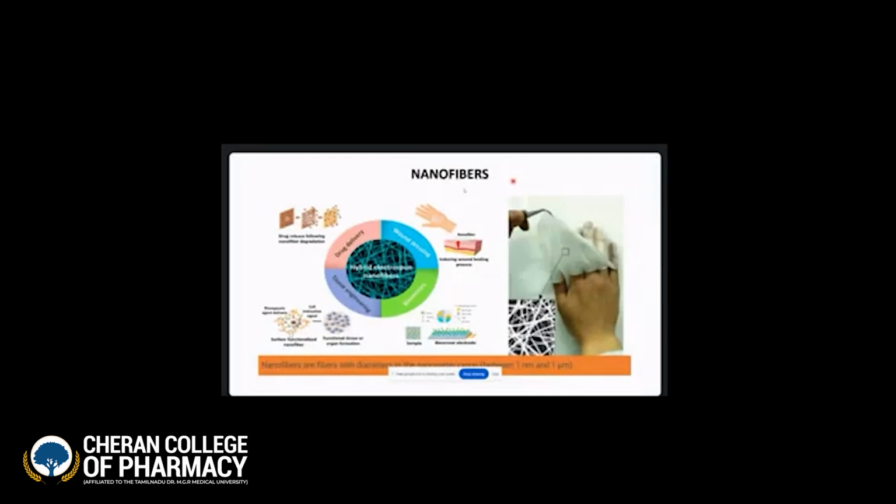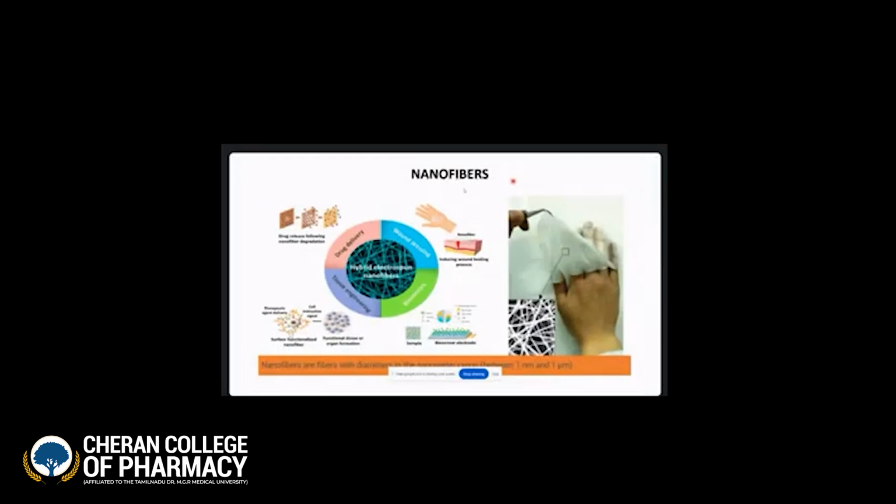We all know alpha mangosteen is a phytochemical obtained from the mangosteen fruit. We started with a 0.3 pump rate and a voltage of 8, and kept the distance between collector and syringe at 15. But we didn't get any fiber.